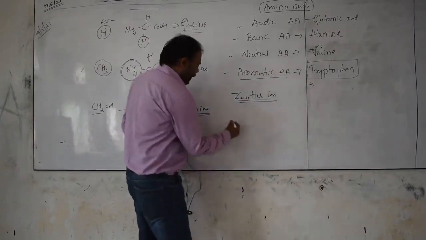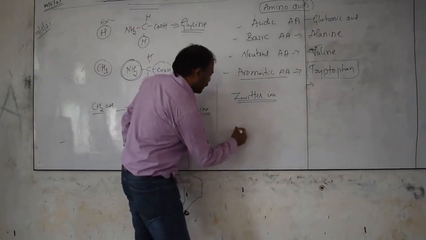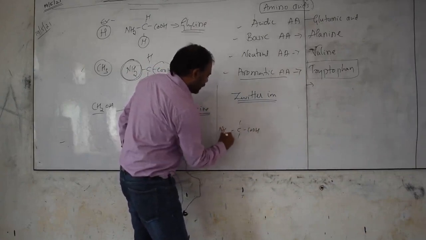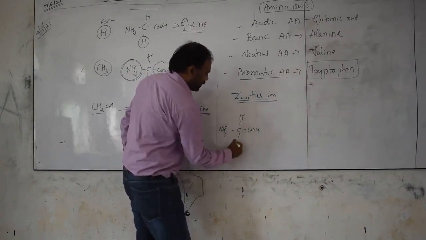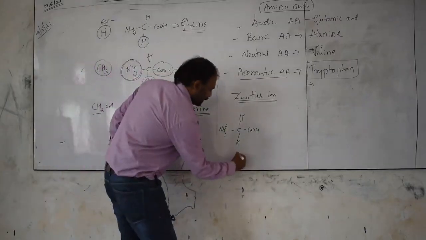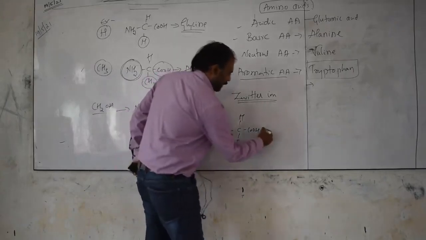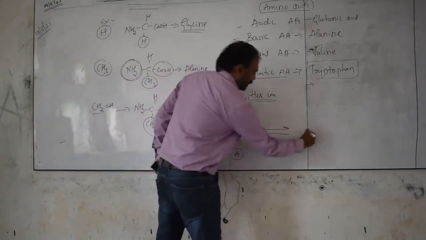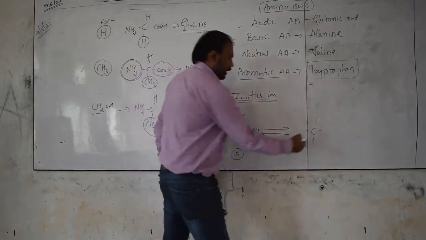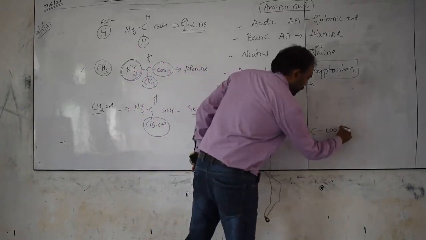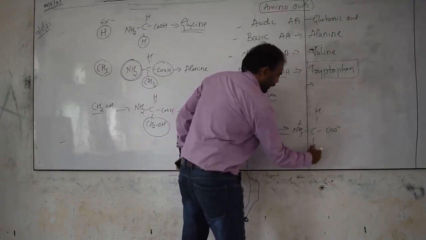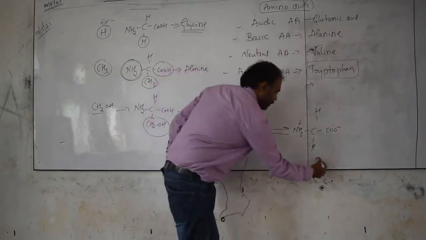For example, I can write carbon, here you will have COOH, here NH3 plus, and here H, and here R. Imagine it is structure A. At the same time, when one hydrogen is removed, it will become COO minus, with NH3 plus and H, and R. Imagine it is structure B.